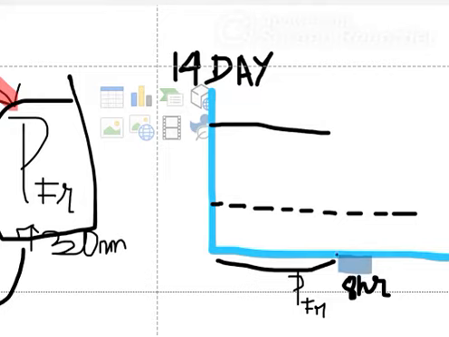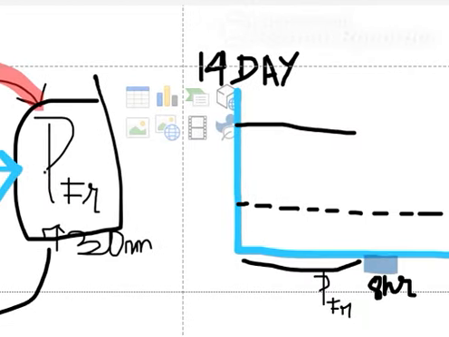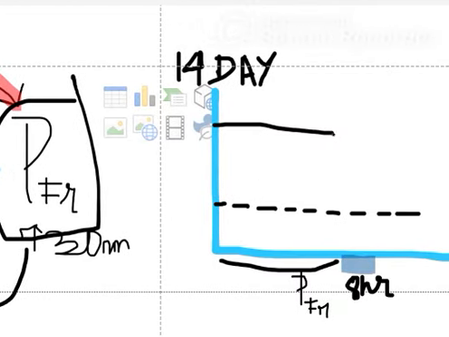Okay. Because in summer there is longer daylight and shorter periods of darkness, the level of PFR is decreasing, right? But because of fewer hours of darkness, it cannot reach the threshold level.